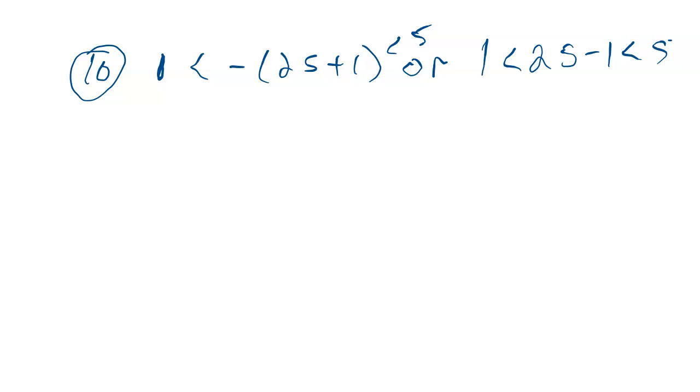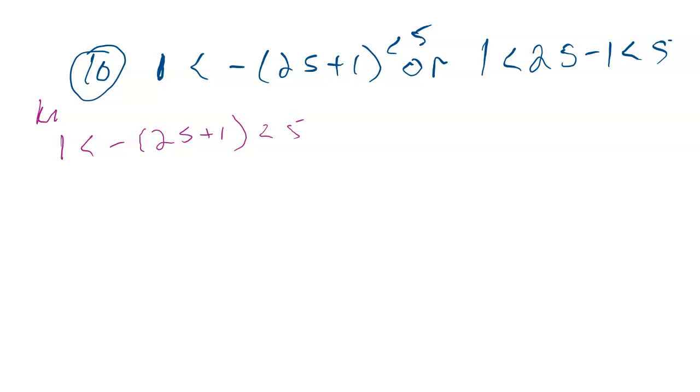So I'm going to solve each conjunction first. So I'm going to do some side work here. Am I going to change up the color? Let's see, maybe. Okay, fine. I have 1 is less than negative 2s plus 1, and this is less than 5.